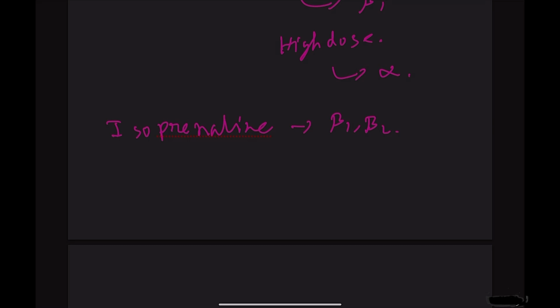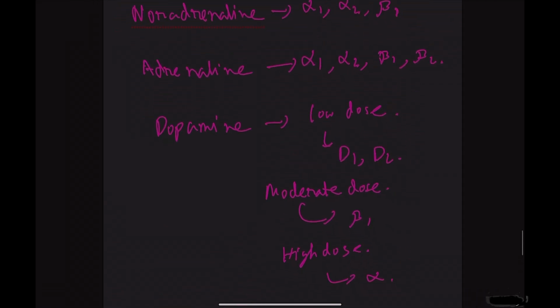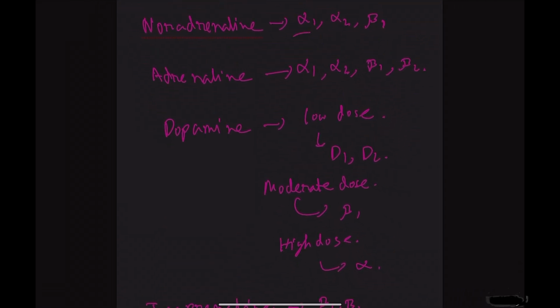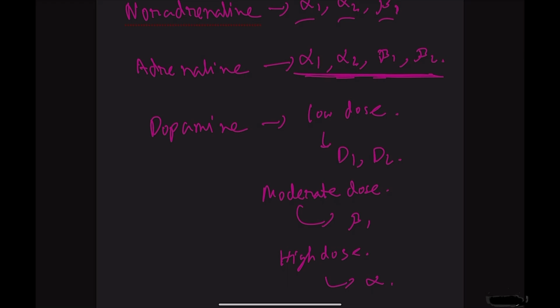The other effects, in the gastrointestinal tract, in the respiratory tract, in other systems, are similar to what they do with alpha 1, alpha 2 and beta 1, and in adrenaline they affect all the receptors, so the effect is more or less the same, and we have discussed it in the previous videos when we talked about adrenergic receptors.